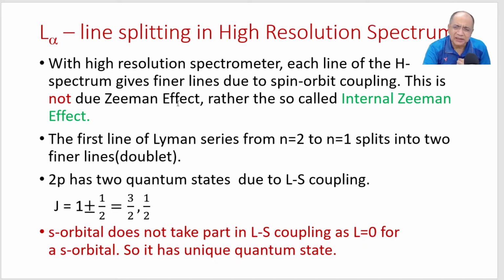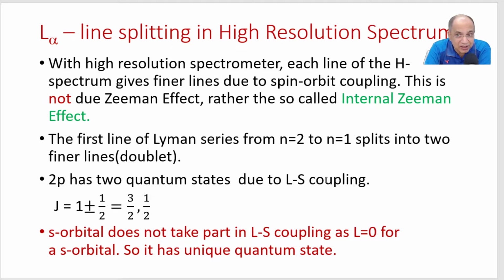In fact, we do not take 2s as different from 2p, because the subshells are degenerate. In a magnetic field, the subshells will be non-degenerate.